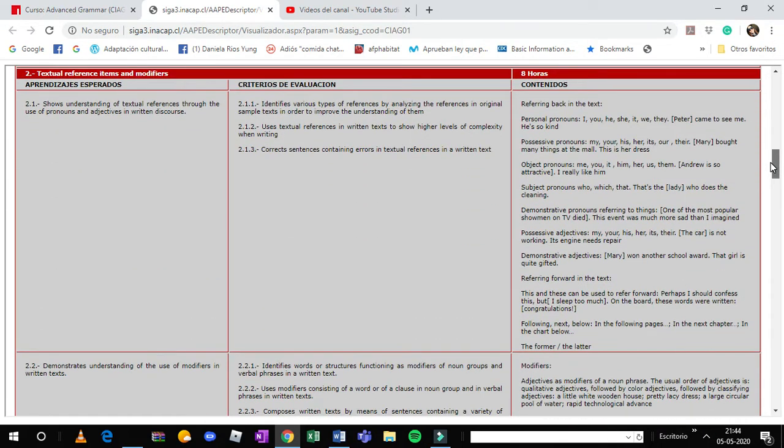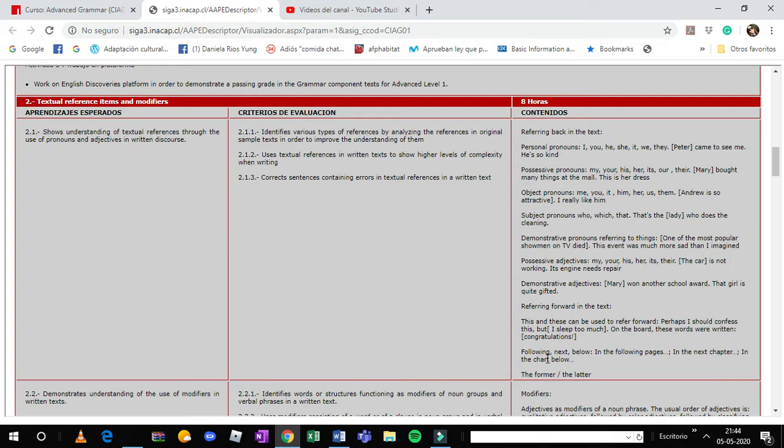As you can see, there are a lot of contents related to this unit, and the main objective, number 1, is to show understanding of textual references through the use of pronouns and adjectives in written discourse.